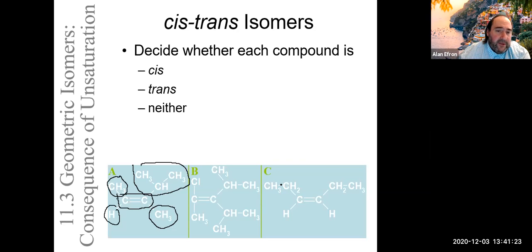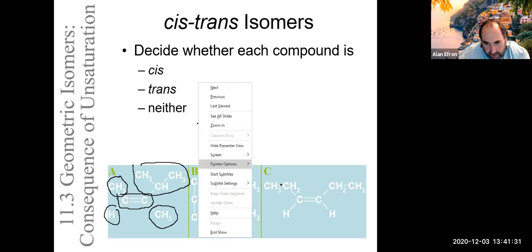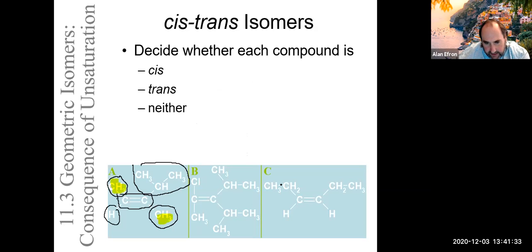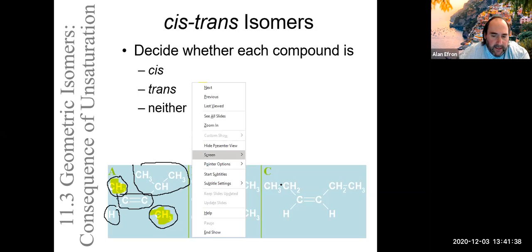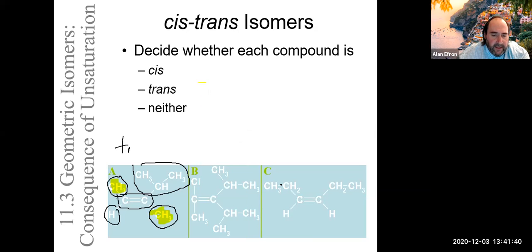So now we need to make sure we have two groups that are the same on both of those carbons. And it looks like it is going to be our CH3 group here and our CH3 group here. And they are opposites of each other, which means that this should be trans. Any questions on that particular one here?